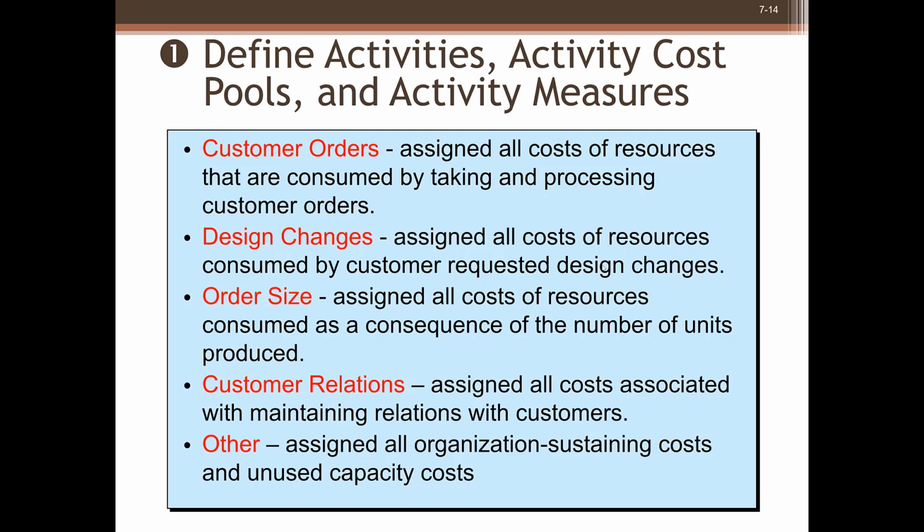Activity measure is number of active customers. The other cost pool assigns all organization sustaining costs and unused or idle capacity costs. For activity measure, it's not applicable. We don't have an activity measure and we won't calculate an activity rate.